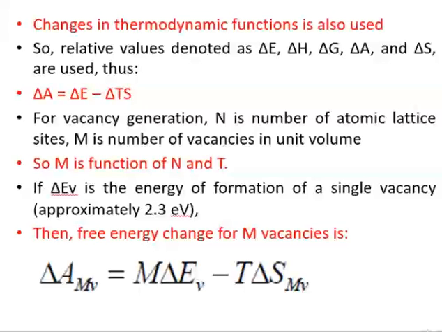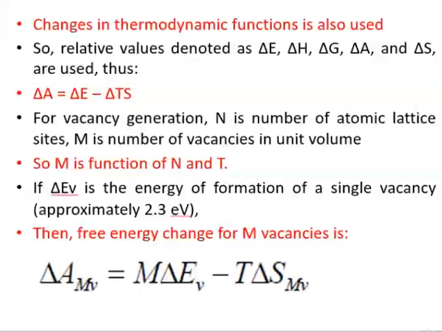electron volts, as we have seen previously, then the free energy change for generation of m vacancies is given by this formula, that is delta A subscript mv, where mv stands for m number of vacancies, is equal to m delta EV, where V stands for the vacancy, minus T delta S mv.